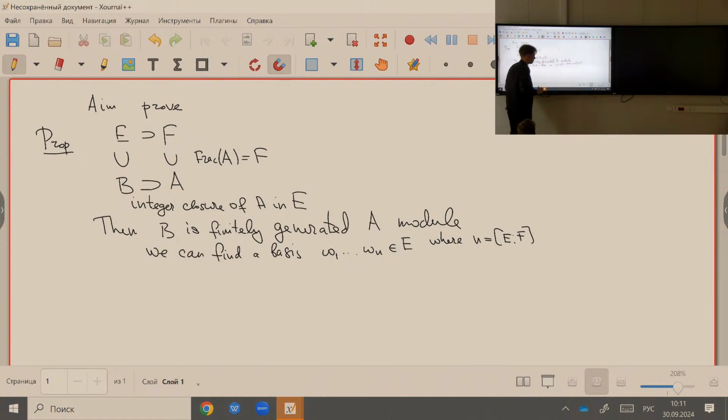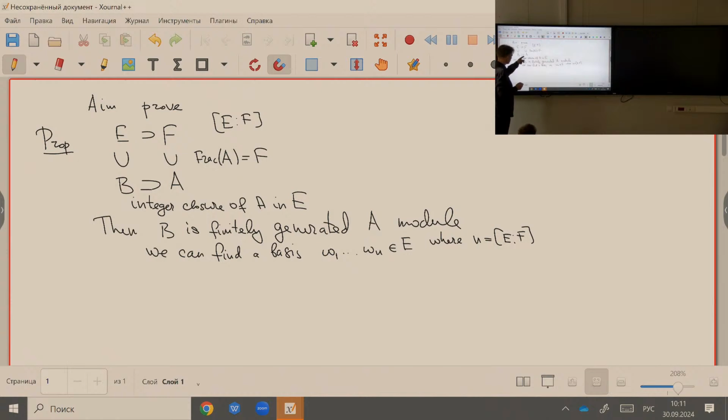So it is a finite extension. So finite extensions, we'll put it from the beginning, otherwise there is no reason to have it.